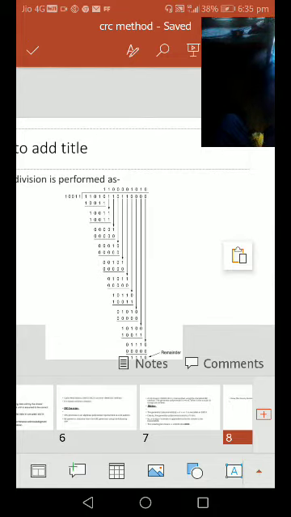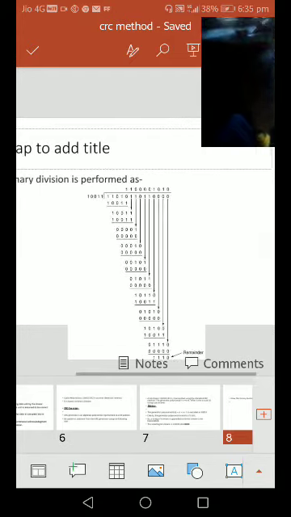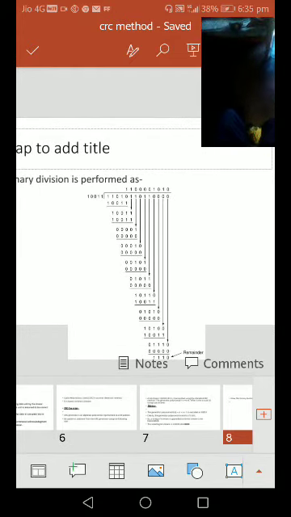Then we simplify this data bit. Here we have to take the exclusive OR operation.